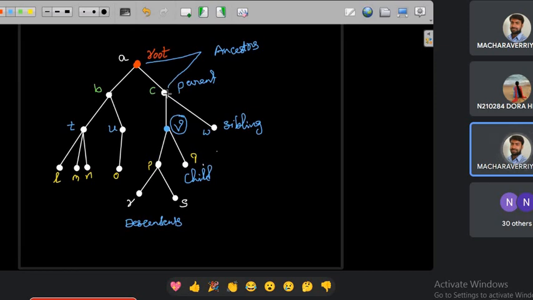Now if you take C, we are going to call this C a parent of the vertex V. So C can be taken as the parent of V. Now in terms of C, V is a child of C.